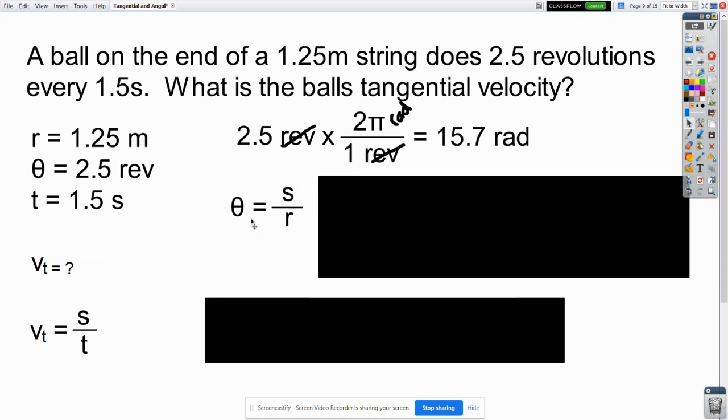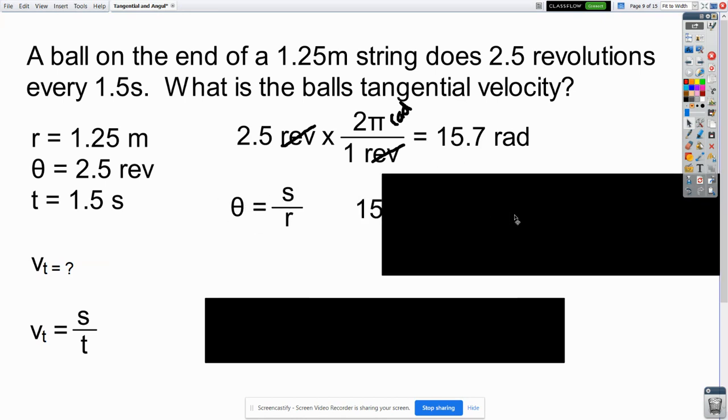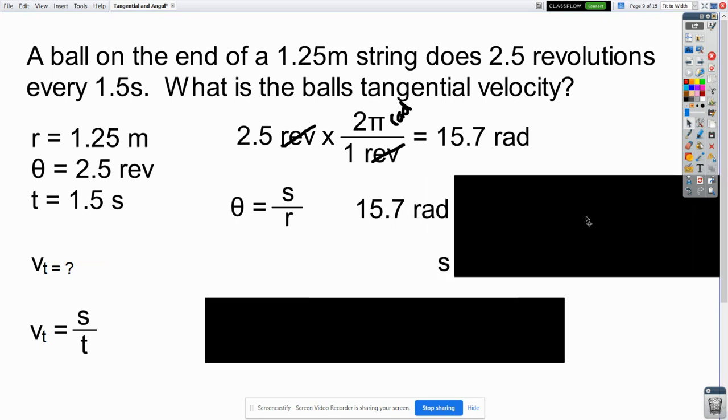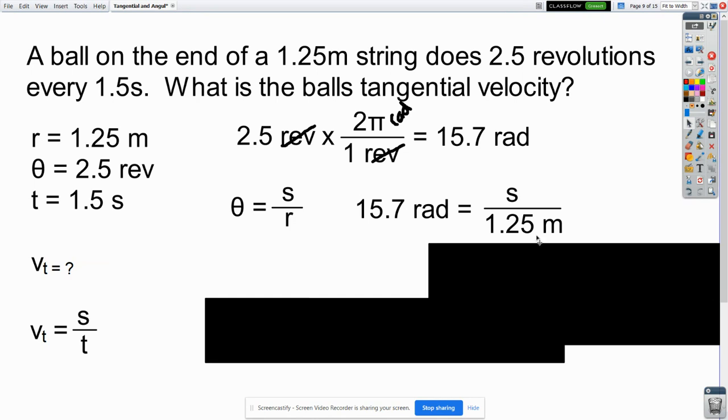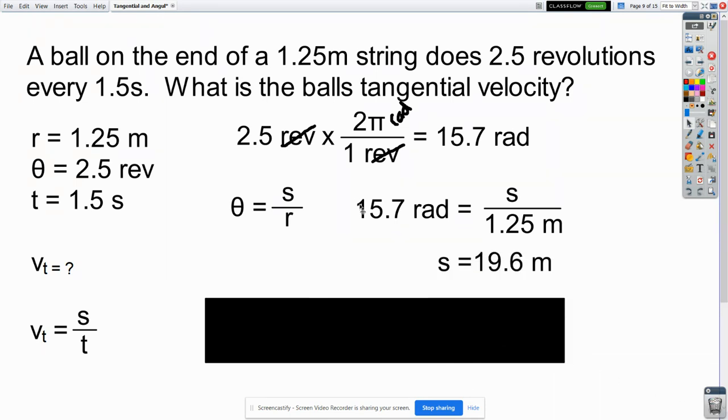The angular displacement, which is the 15.7 radians, is equal to S over R. The radius is 1.25 meters. Multiply both sides by 1.25 meters. 15.7 times 1.25 is 19.6.